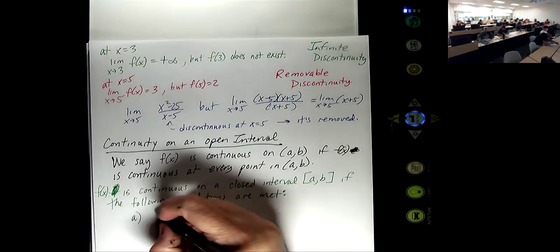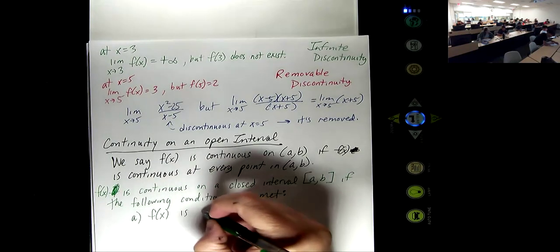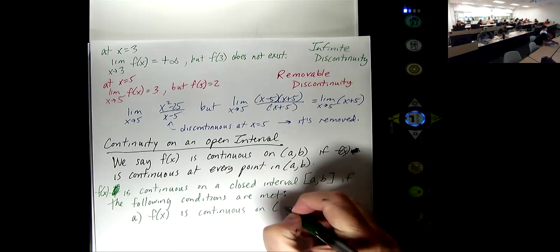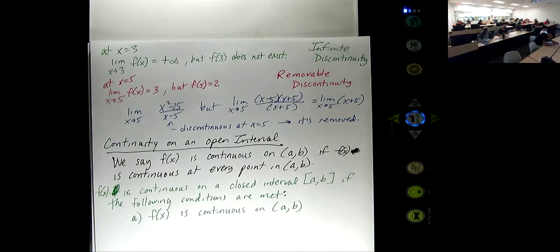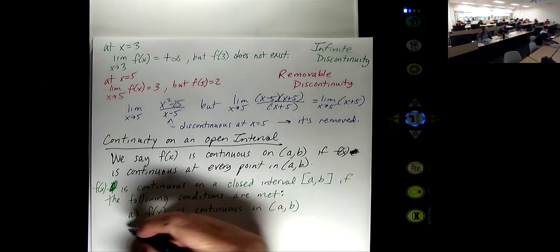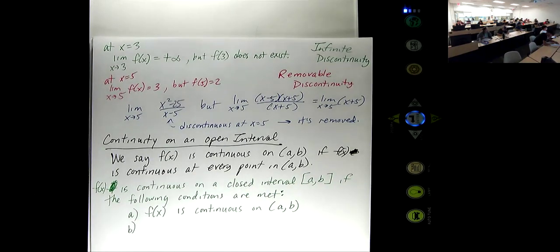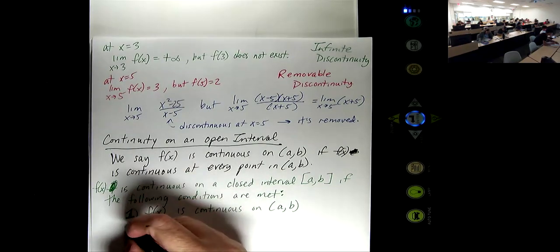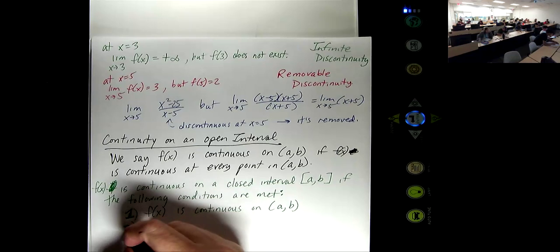A. F of x is continuous on the open interval. So as long as we're not looking at the endpoints, it's continuous everywhere inside. Then we have to look at the endpoints, like what's happening at the end of these intervals. For B, you know what, I'm going to use 1, 2, and 3, because I have A and B as my interval and that's confusing.